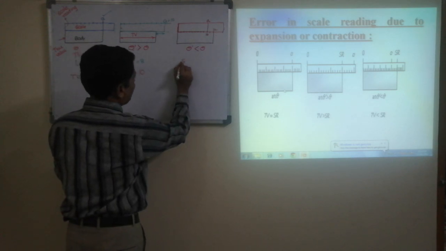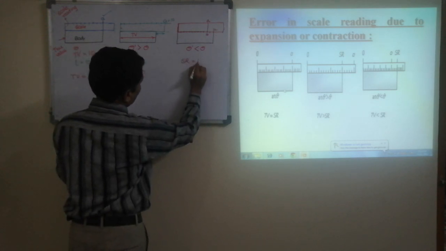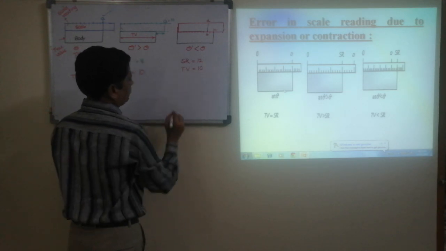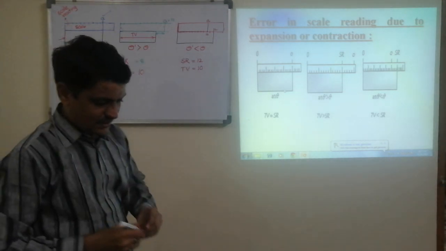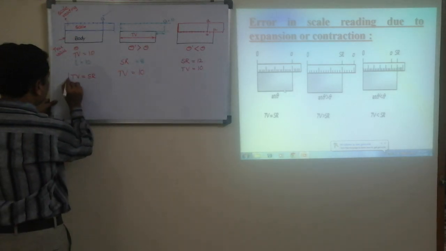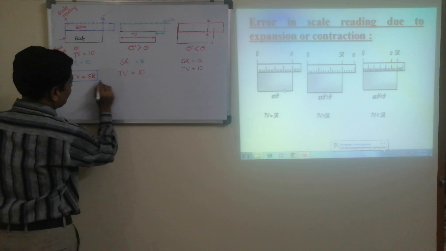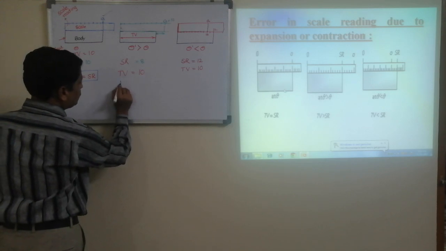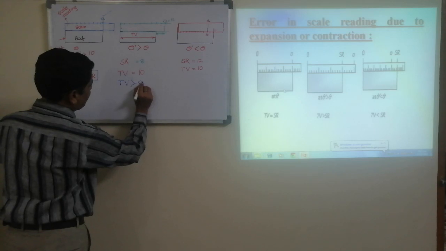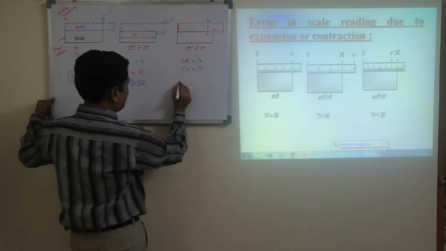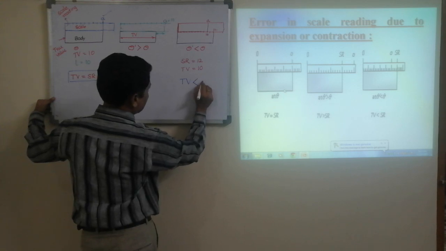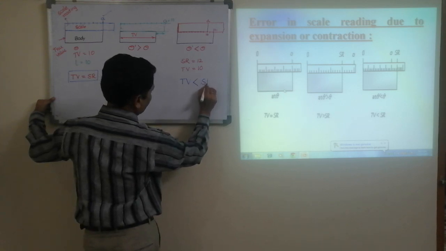Now scale reading is 12, but true value remains 10. Based on this, I can say true value is not equal to scale reading. Here we know that true value is greater than scale reading. Here true value is less than scale reading.